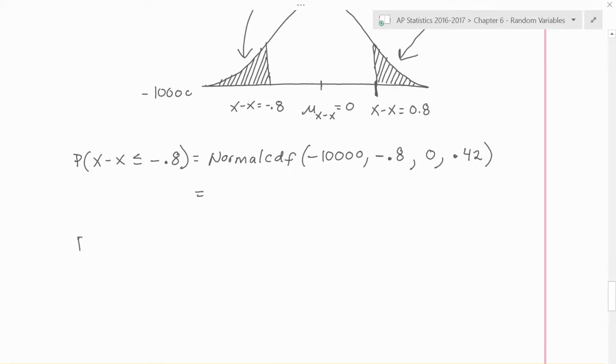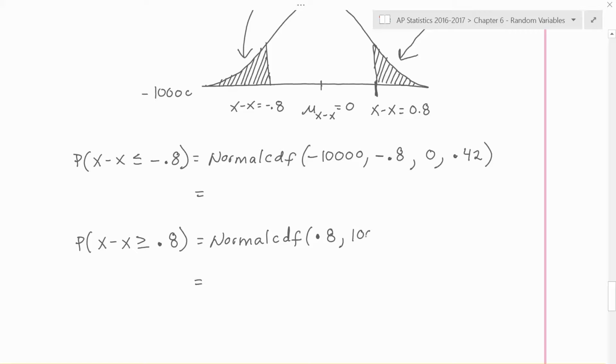Now the probability that the difference x1 minus x2 is greater than or equal to positive 0.8. I might not want to do all this work again because I know because of symmetry it will be the same, but let me write it out. It's good practice. Normal CDF. This time my lower bound is the positive 0.8.